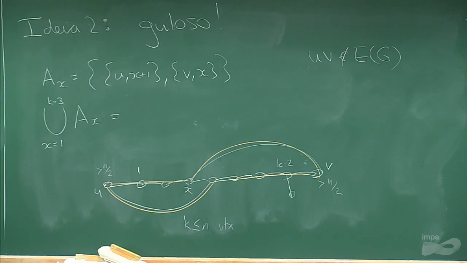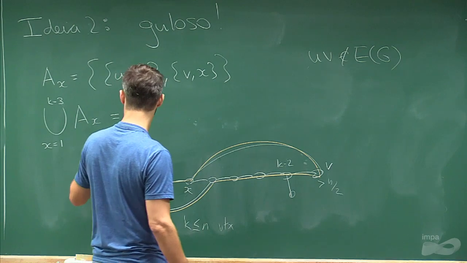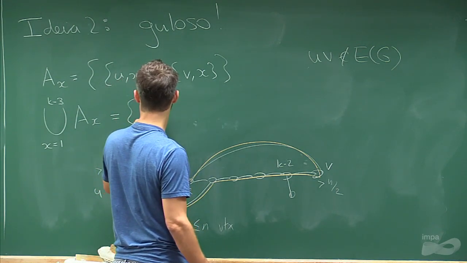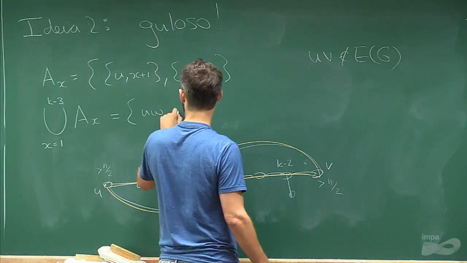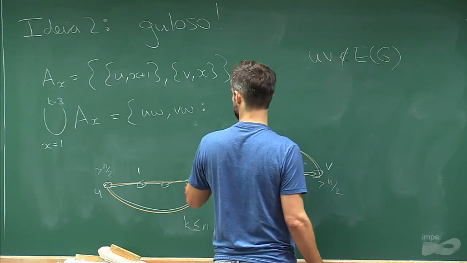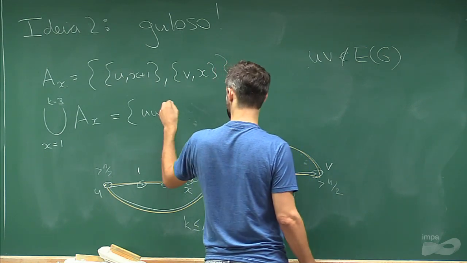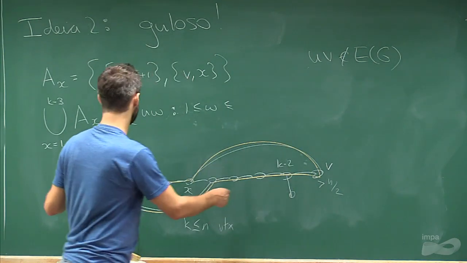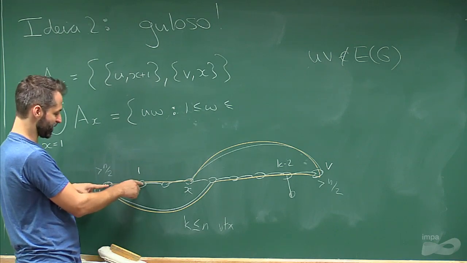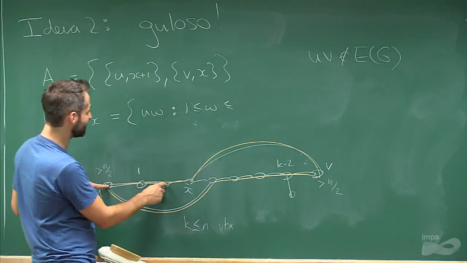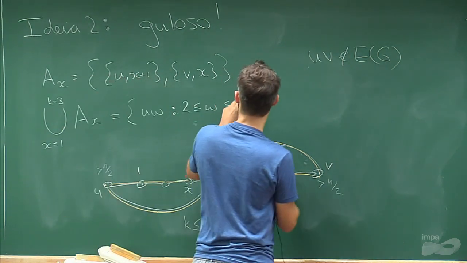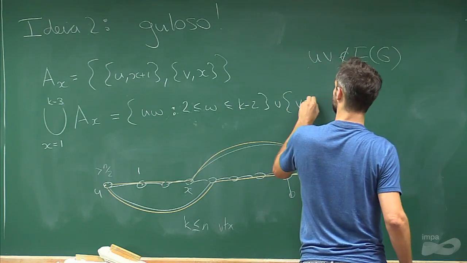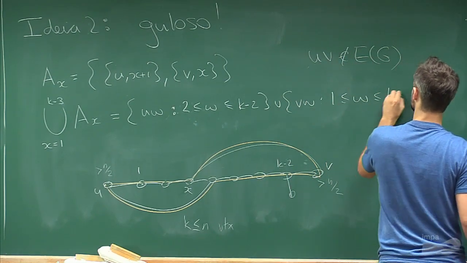Yes, quite right, thank you. What is the set of uw, vw, such that, from w between, so u goes to, I'm not including this one, but I am including the next one, and I'm including all the way to k minus 2, union vw, and w is between 1 and k minus 3.